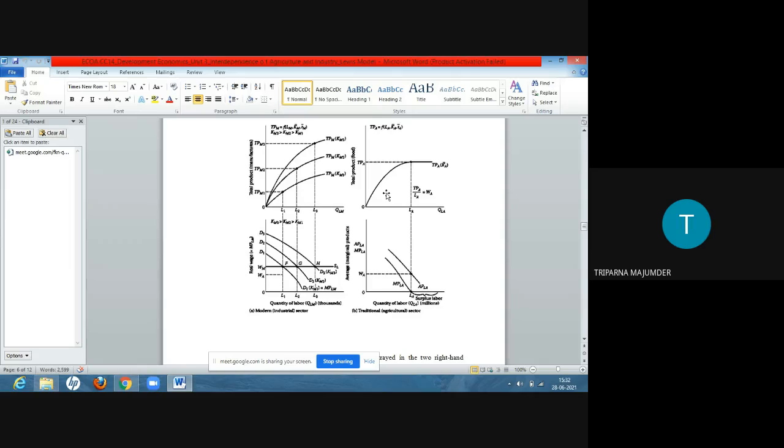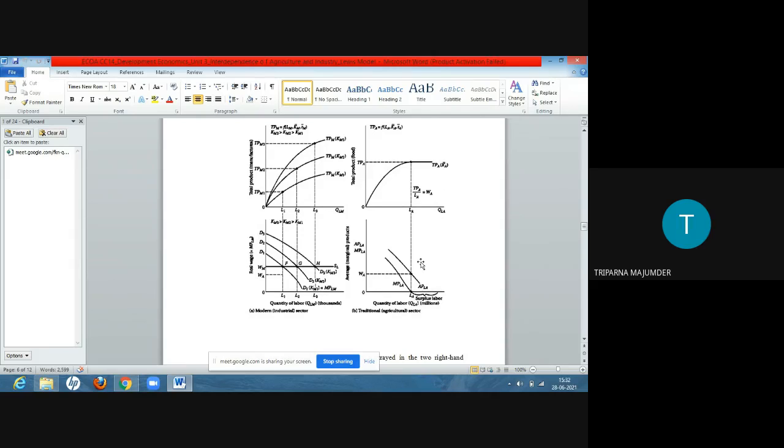It is a typical agricultural production function in which total product TPA of food is determined by changes in the amount of the only variable factor, labor LA, given a fixed quantity of capital K A bar and unchanging technology T A bar. So this is the production function of the agricultural sector.